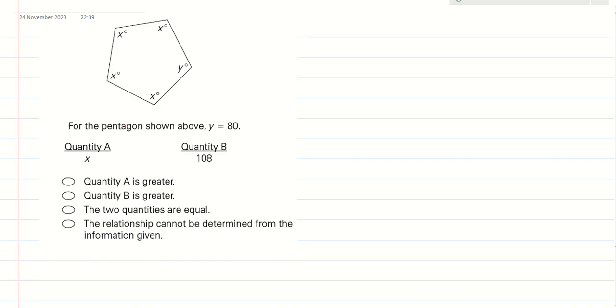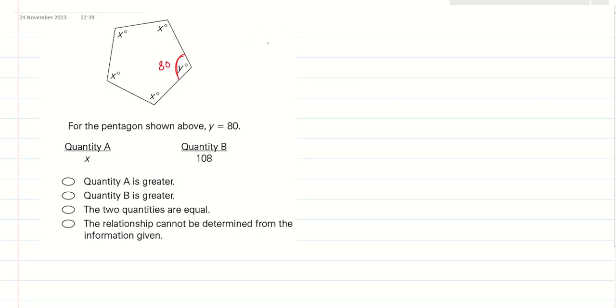Let's go ahead with this. Try this one. For the pentagon shown, why is this not a regular polygon? So this is given how much? 80. Correct.